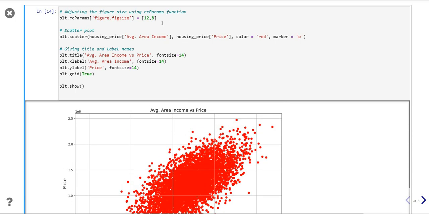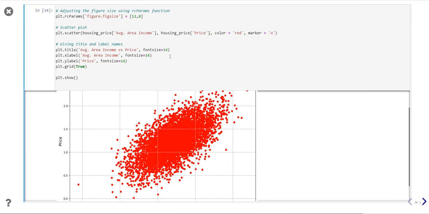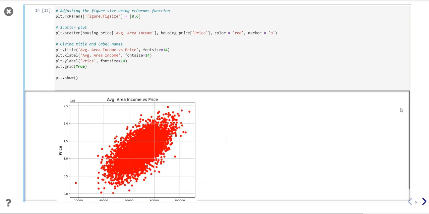You can make it much bigger, so it just changes the figure dimension size. I'll make this a bit smaller and put 8 and 6 perhaps. Okay, something you can view, right?